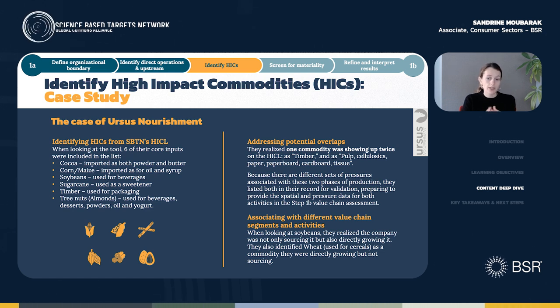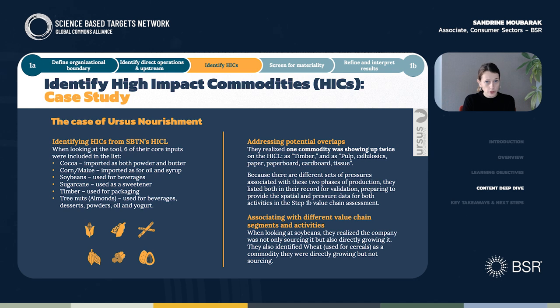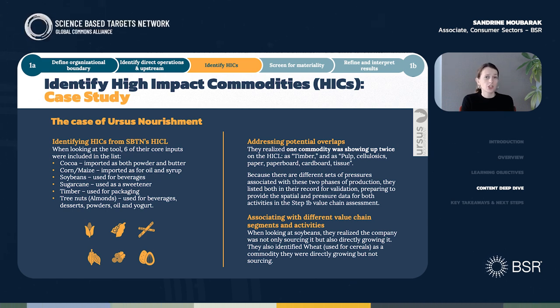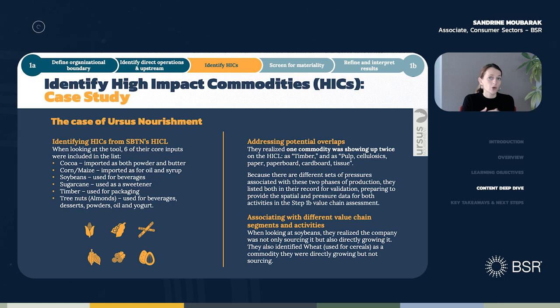Ursus Nourishment is a food and beverage producer that specializes in plant-based drinks and food and reaches a global market of consumers through third-party retailers. The company has many activities required for producing and finishing goods within their direct operations, like crop production, processing of raw commodities, and packaging of finished goods.